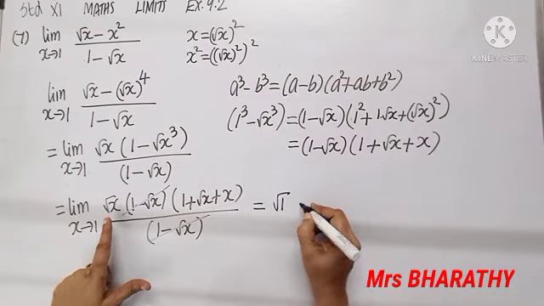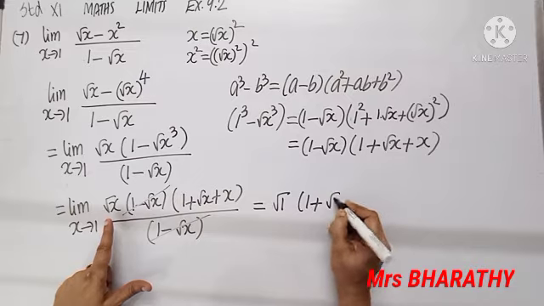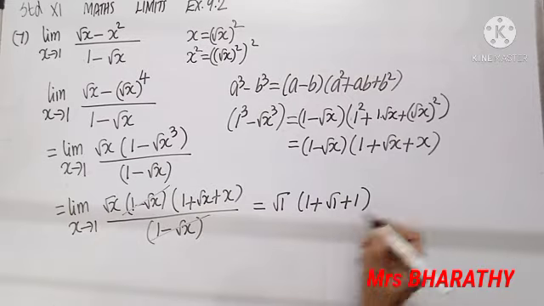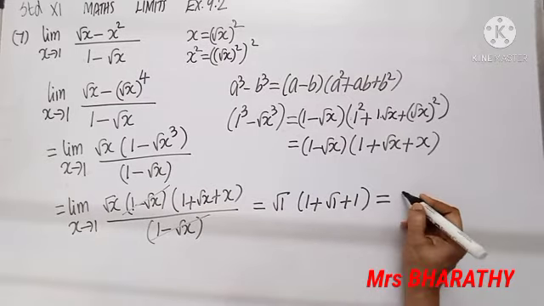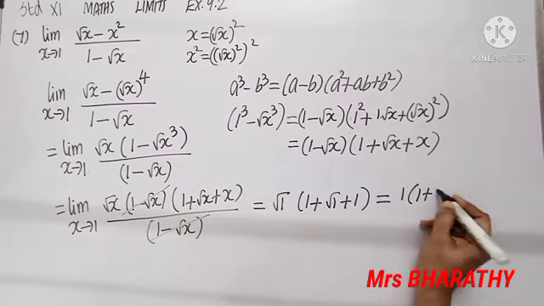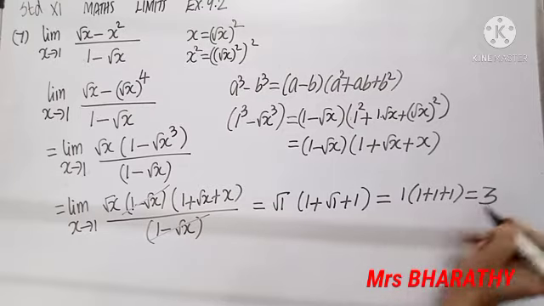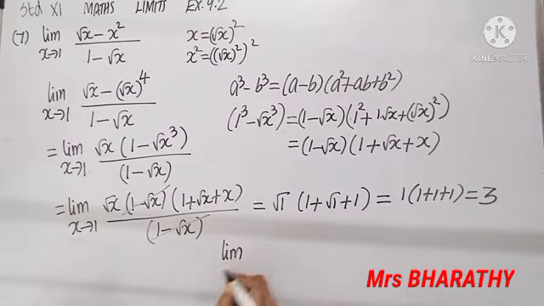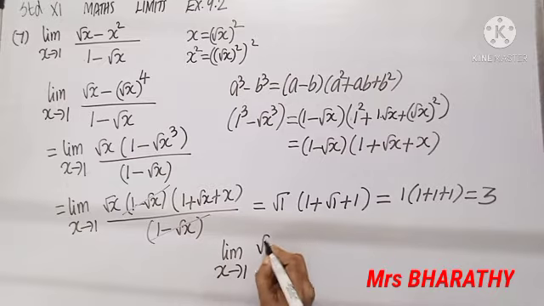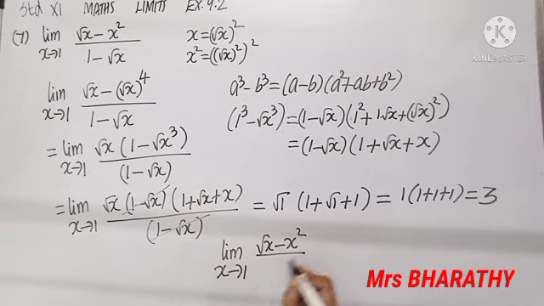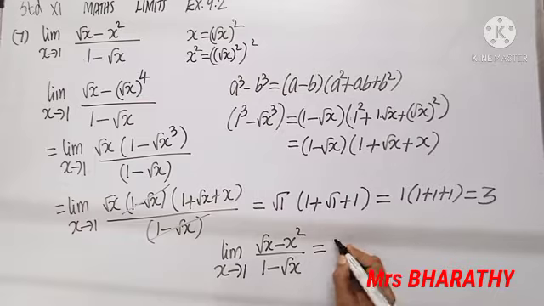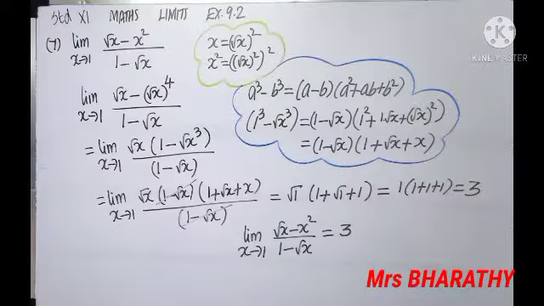Wherever x comes, I can put 1. Root 1 into 1 plus 1 plus 1, that is 3. So the given problem, limit x tends to 1, root x minus x square divided by 1 minus root x, becomes 3, and hence the problem is done.